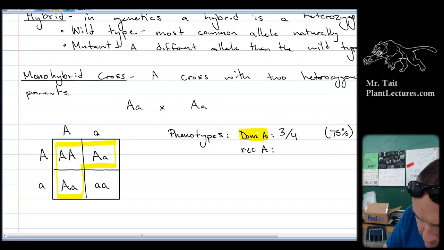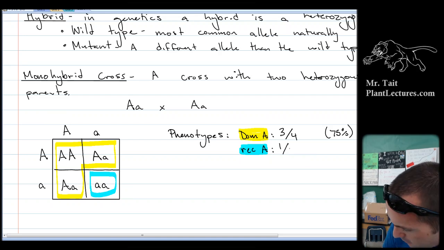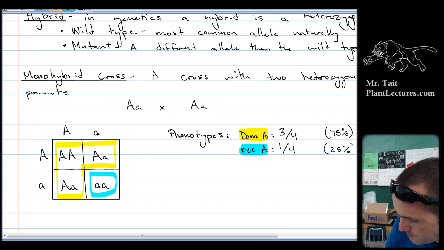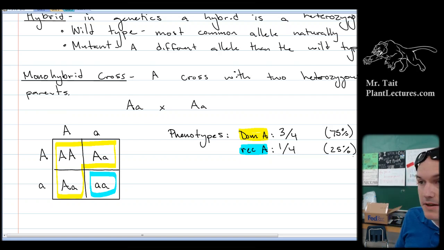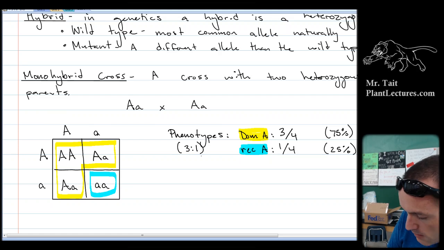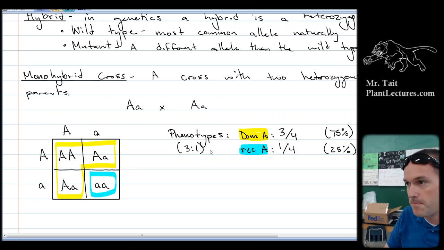The recessive a is this box only, and that is 1 out of 4, which is 25%. So we say that our phenotypic ratio here is 3 to 1, dominant to recessive. Yeah, so 3 of these, 1 of these, 3 to 1 phenotypic ratio.